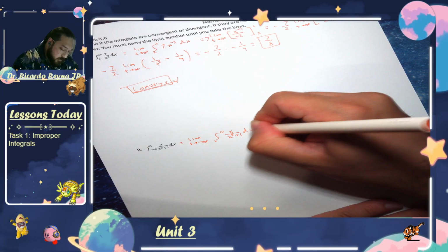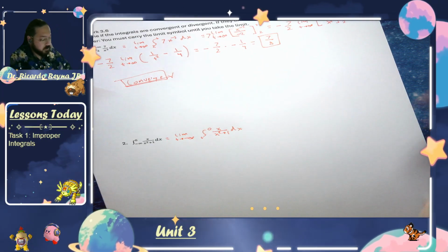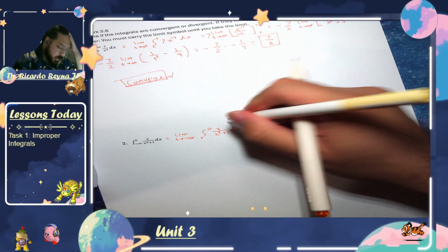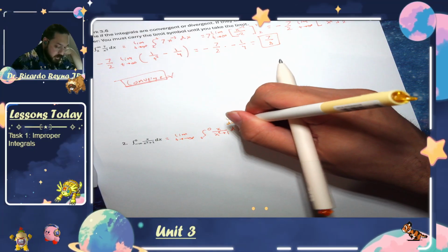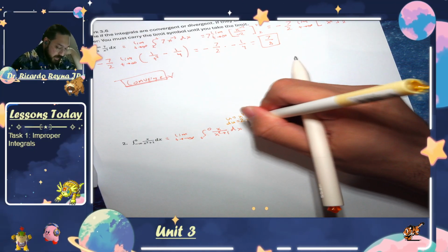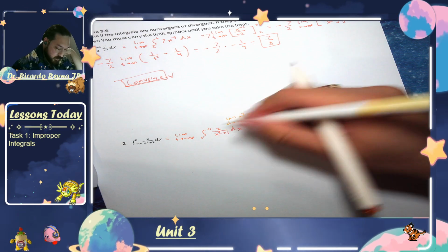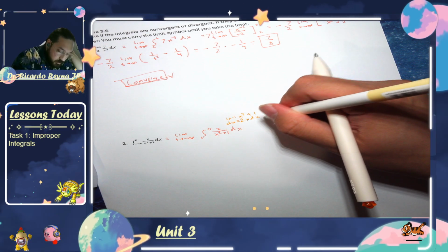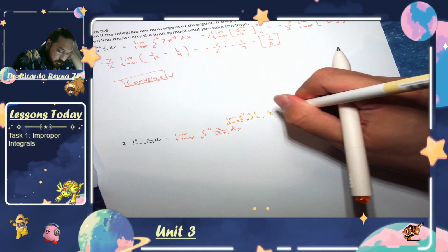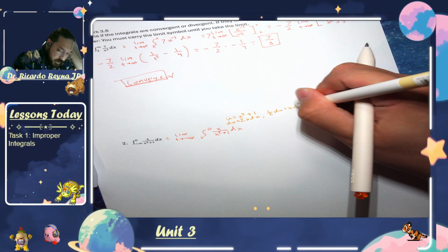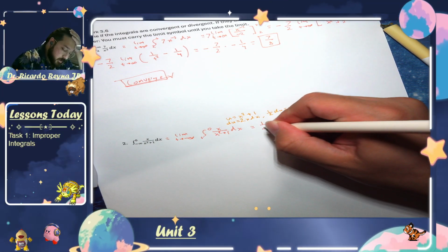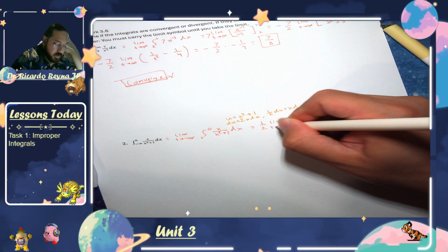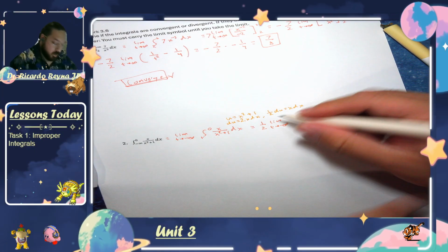dx. From here, I'm just going to use a u substitution. Let u be x squared plus 1, and let du be 2x dx. The 2 is not there, so I'm just going to write 1 over 2 du is equal to x dx. So I'm going to let the constant escape, limit as t goes towards -infinity.